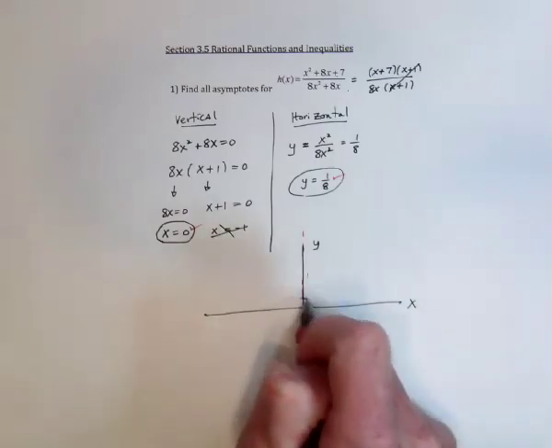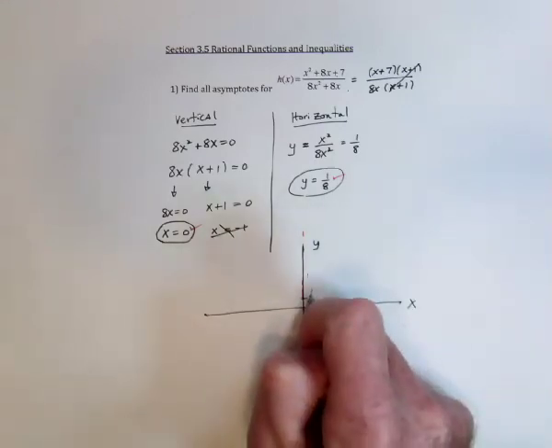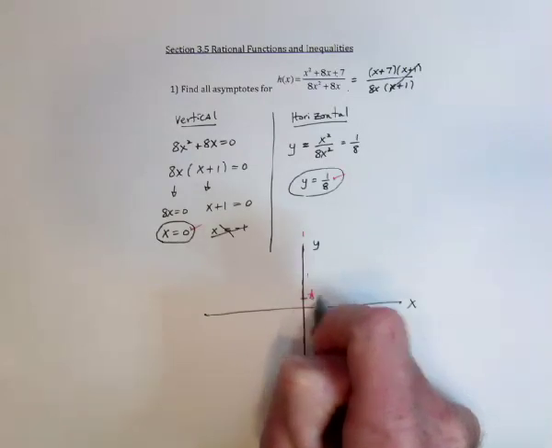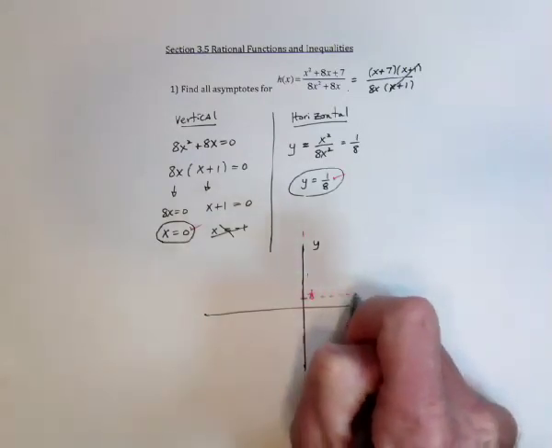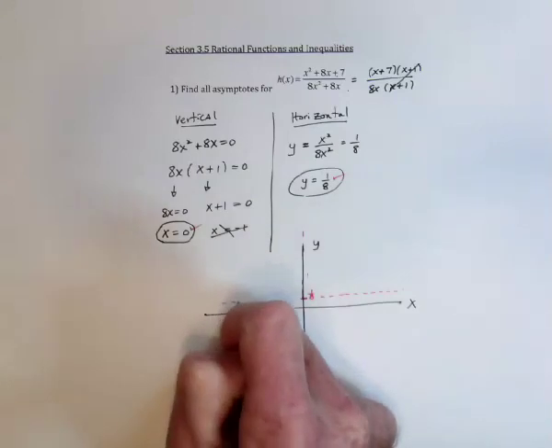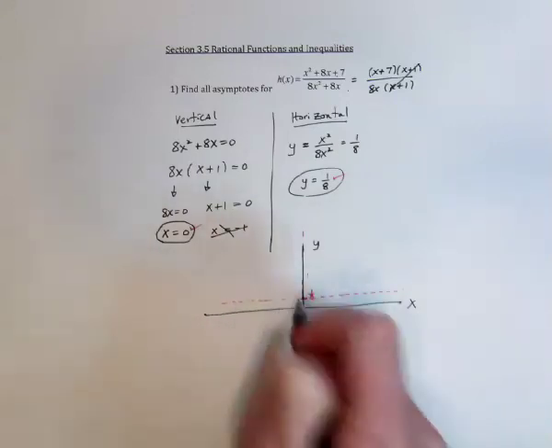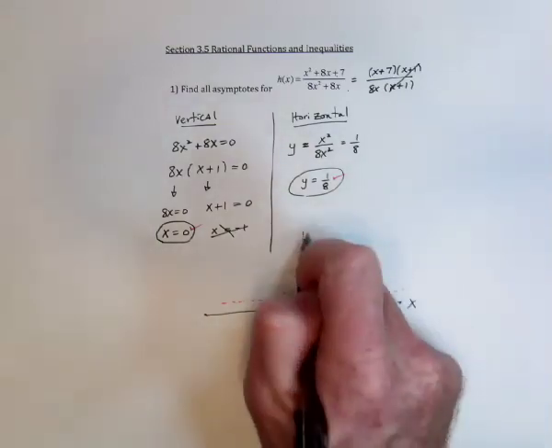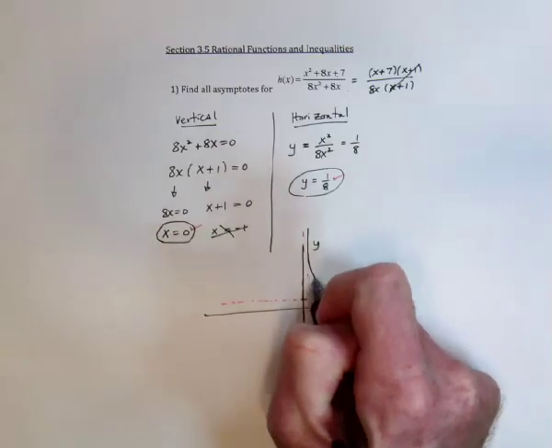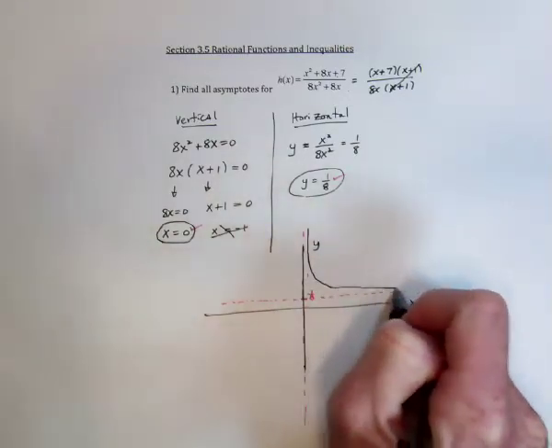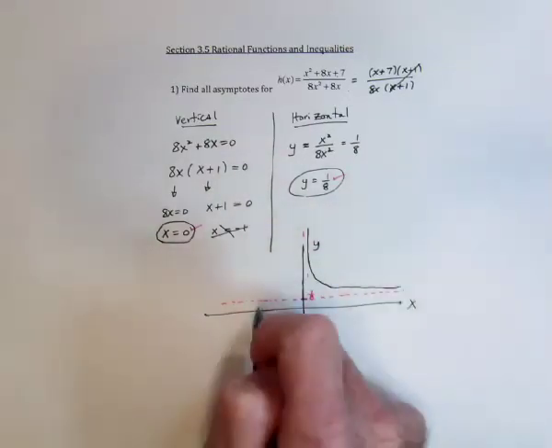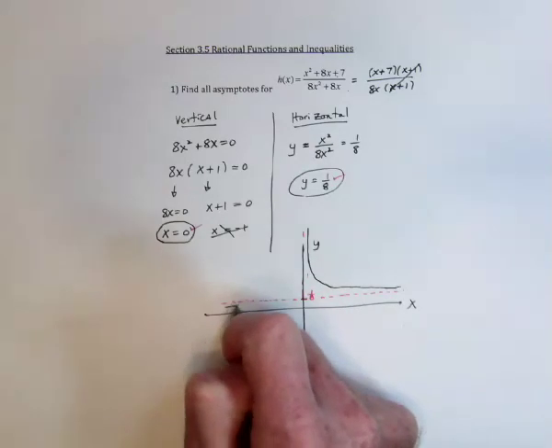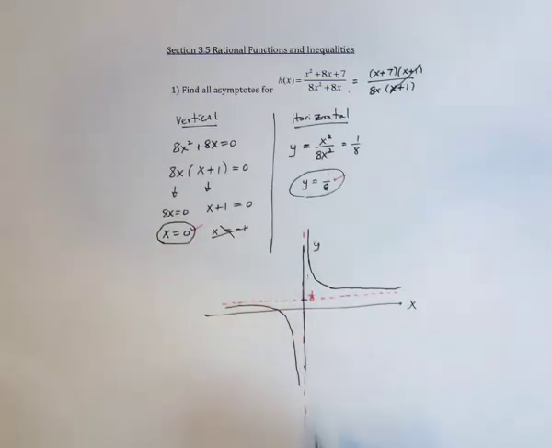So right here, just above the x-axis at 1/8, put a dotted line for the asymptote, and the function is going to get closer and closer and closer to that. And so it basically looks like a hyperbola. There's one branch of it. Here's another branch of it. And that's what the function looks like.